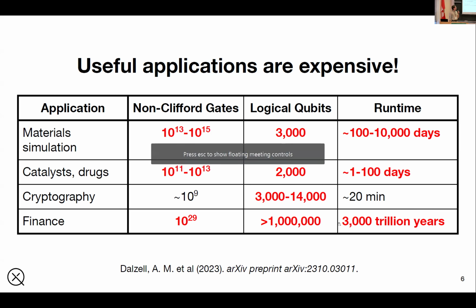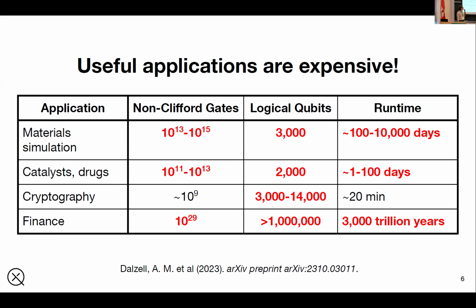Great. So what you can see from a lot of the numbers that I've highlighted in red here is that a lot of them are quite large. The number of logical qubits that seem to be required for fields such as material simulation, catalyst, drugs, cryptography, and even finance seem to be way outside of the reach of the present devices, but also of the devices that we expect to come in the next generation, the early fault tolerant regime.